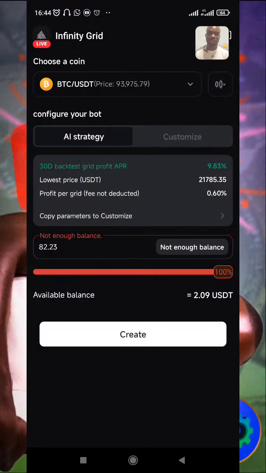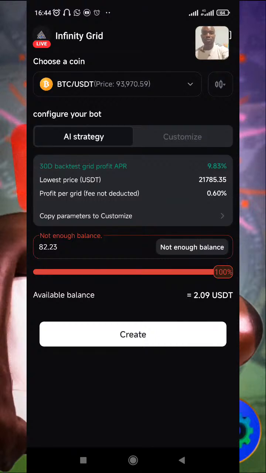So when you use this AI strategy, you can see your balance will be automatically set at 82.23. It will change at some moments based on what the market condition is. So this one will require you to create the bot with 82.23 USDT.